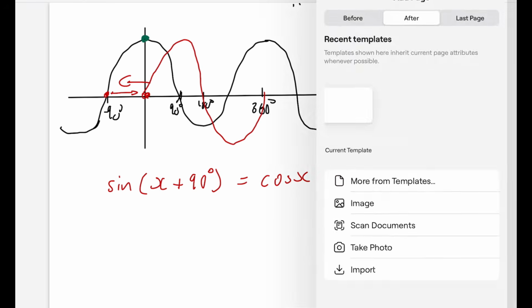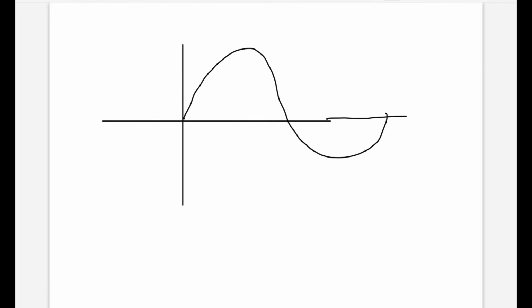If this is looking a bit too weird or messy, look at it afresh. Here's a sine graph. Here's 90, here's 180, here's 270, here's 360. Imagine shifting this graph 90 degrees to the left. This point here would come here at negative 90. This highest point here would come here. This point that cuts the x-axis would now be down here at 90.